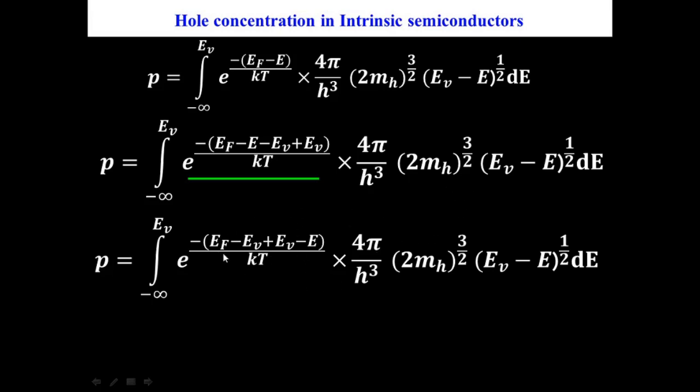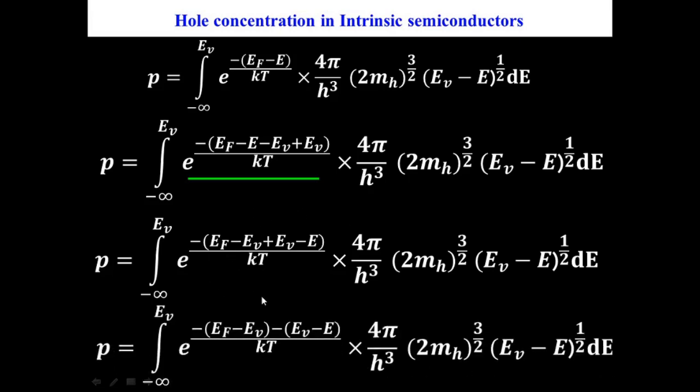Now we will split the power of the exponential. After splitting we get, since we are multiplying by minus in the bracket, minus (EF minus EV), and here plus minus minus, so minus (EV minus E); the rest of the terms are the same. Here kT is a common denominator, so this kT is with this bracket, and this kT is with the other bracket.